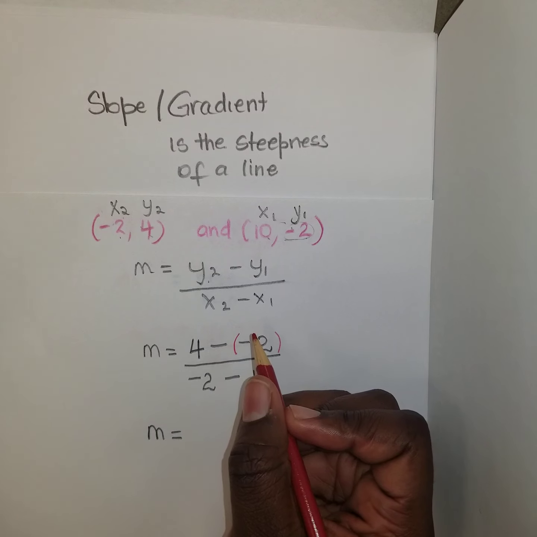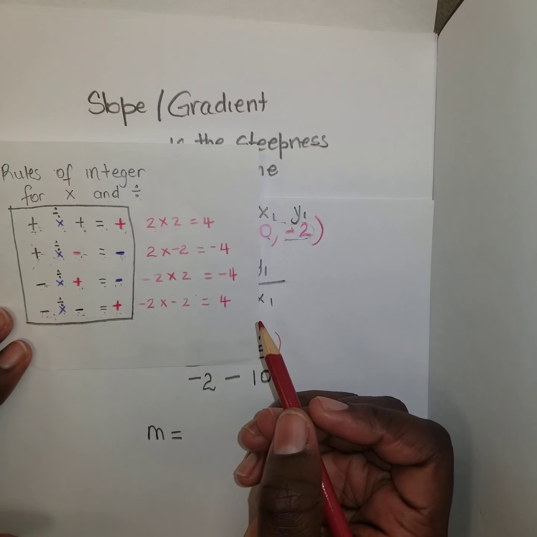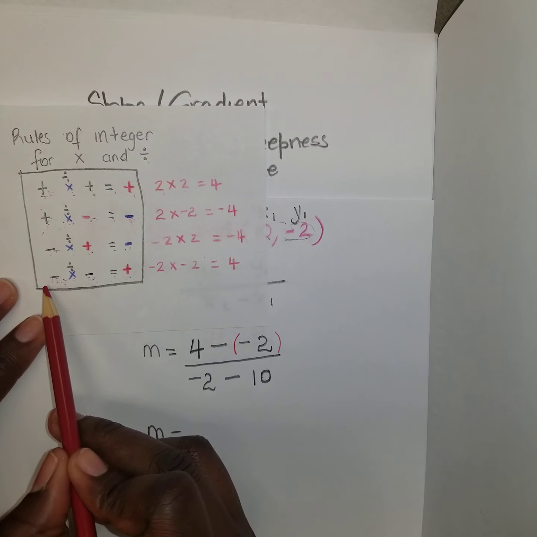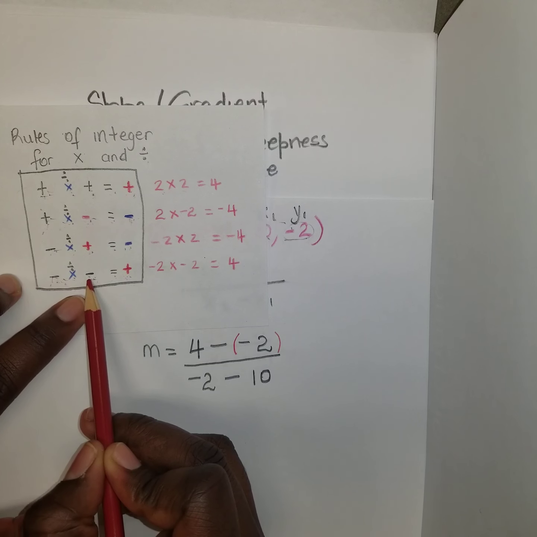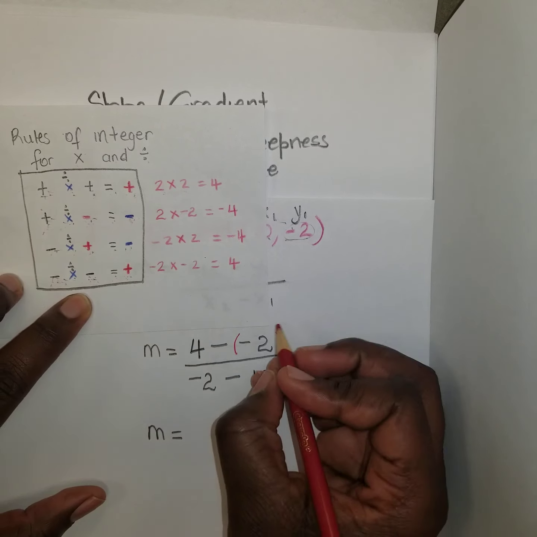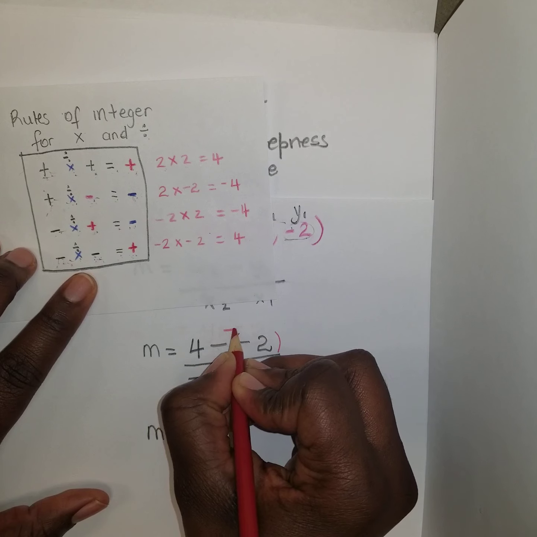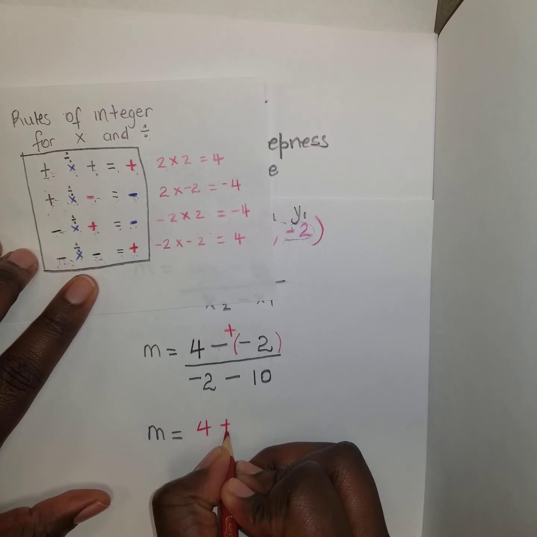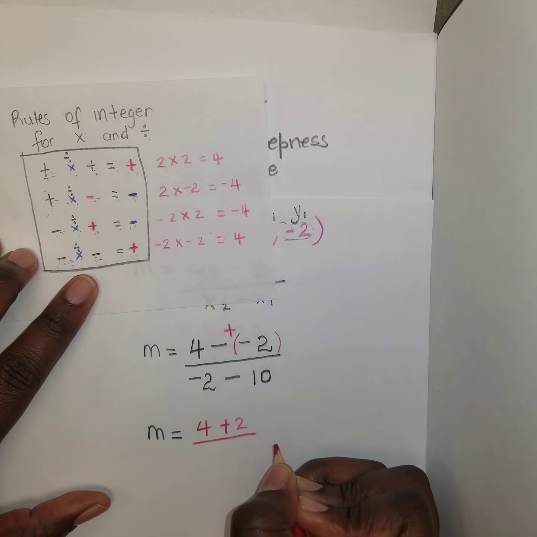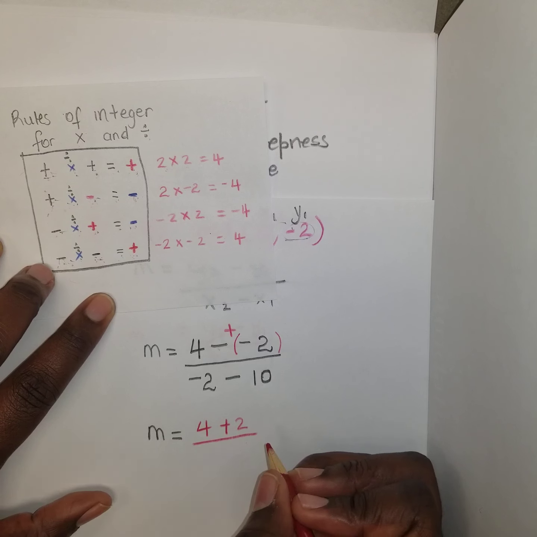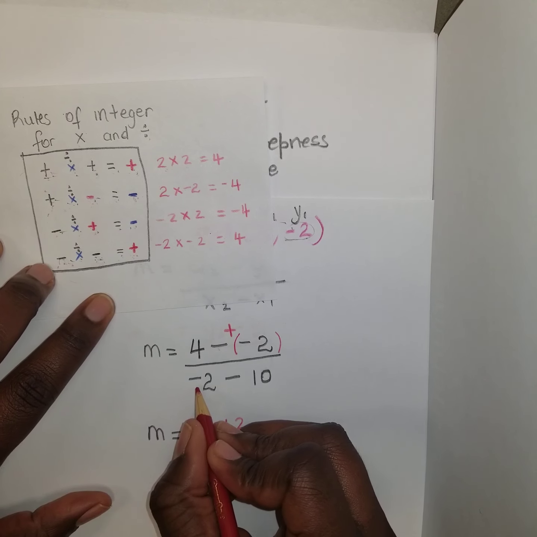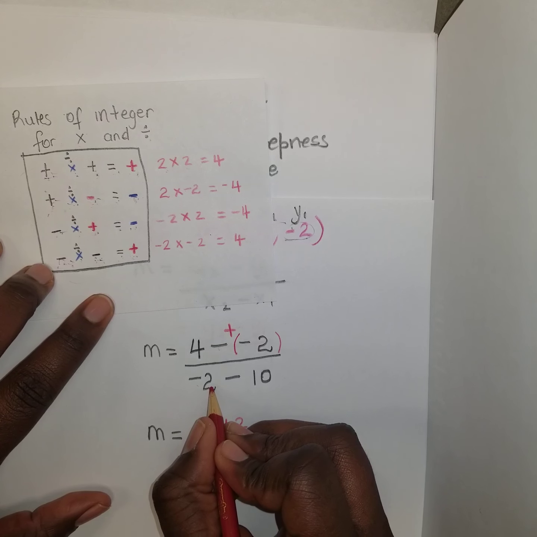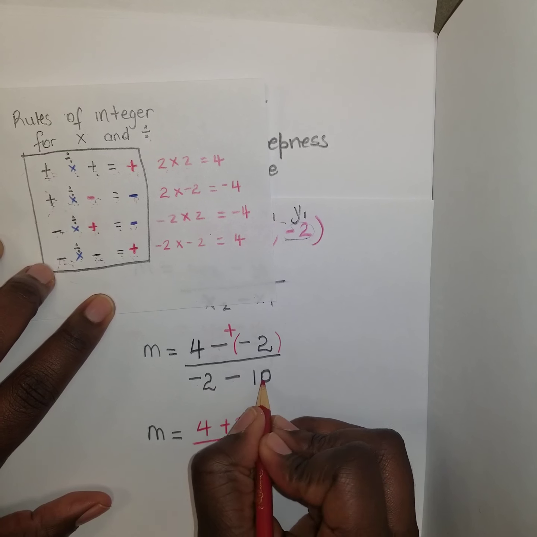And we know that, let's go back to our rule. A negative number times a negative number is a positive number. So a negative times a negative results in a positive. So right here, the numerator will simplify to become 4 plus 2. Okay? And the denominator, a negative 2, subtract 10.